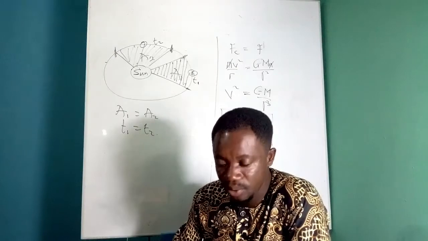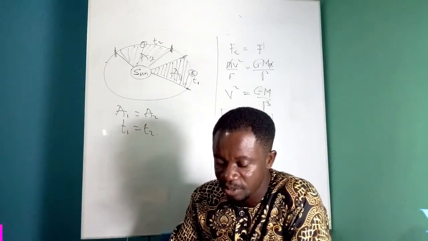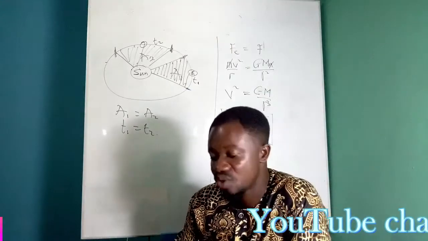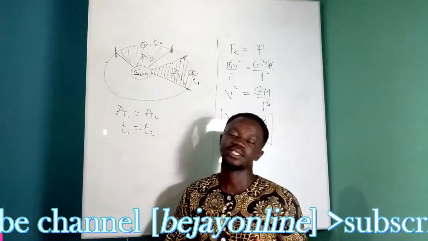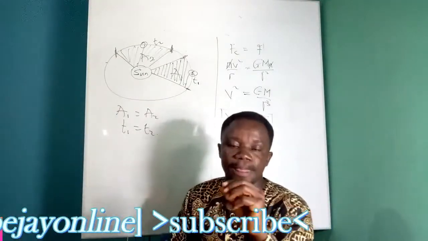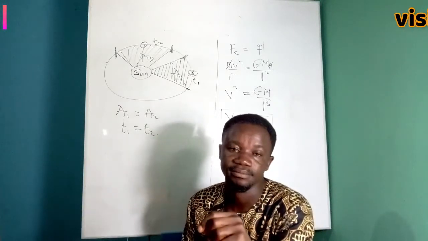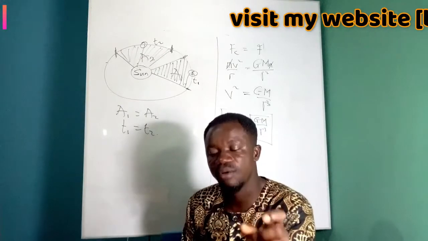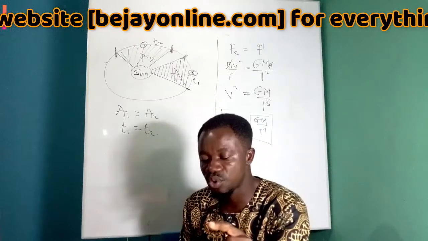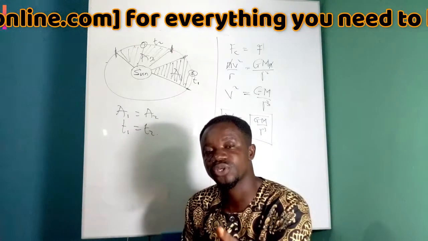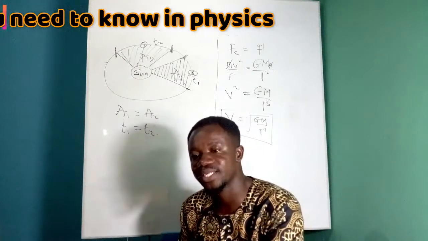Then we look at Kepler's Third Law. Take note of this Kepler's Third Law very well, because you may be asked to prove this law, and WAEC has asked it several times. So Kepler's Third Law of planetary motion states that the square of the period of revolution of a planet is proportional to the cube of the distance between the planet and the sun.